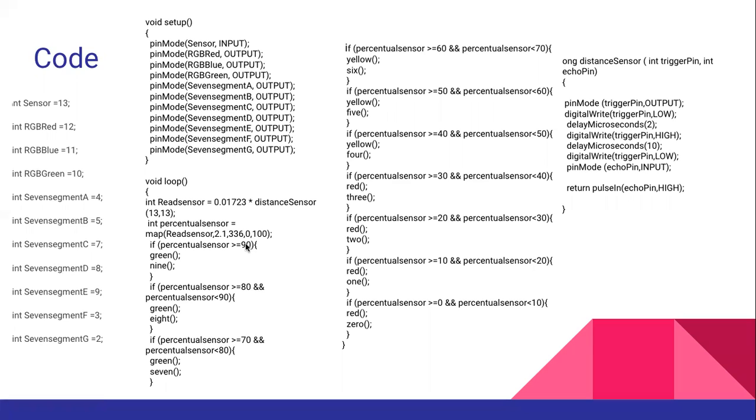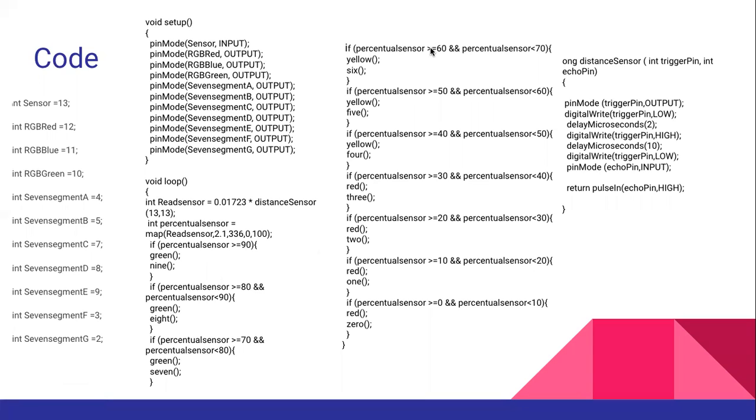For example, when it has 90% or greater, the LED will turn on green, and the 7-segment will display 9, and so on with the rest of the ifs.